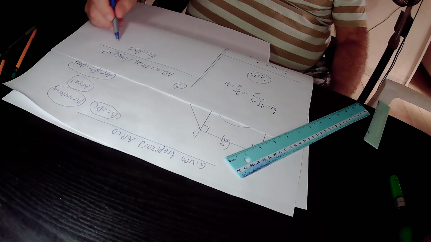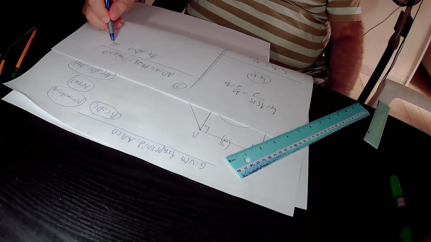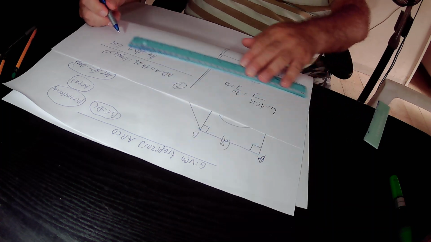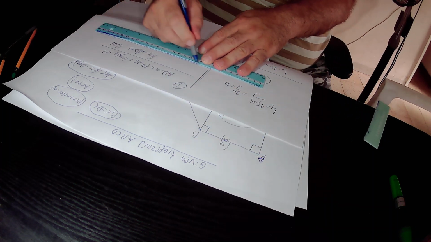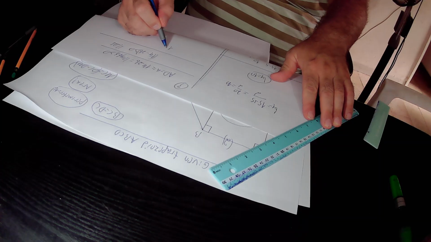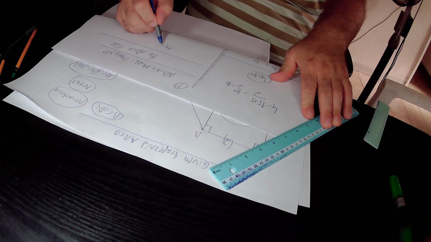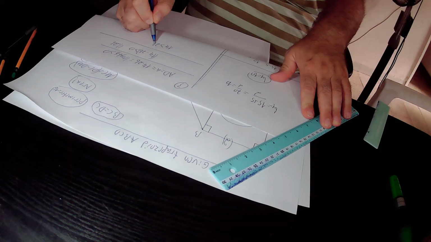Here we add 2b to this inequality, and we get that 14 is greater than 2b.